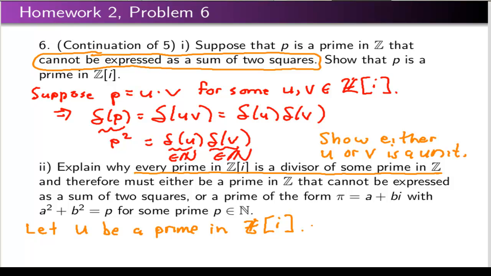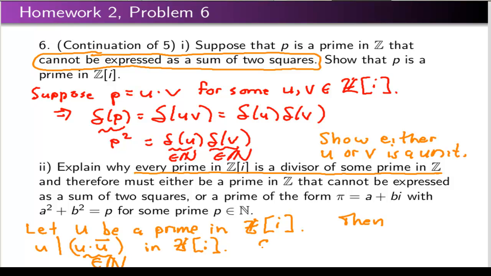Then u is a factor of u times its conjugate, or it's a factor of the delta value, whatever you like to say. Right? It's a divisor of that in Z[i]. But this is a natural number.